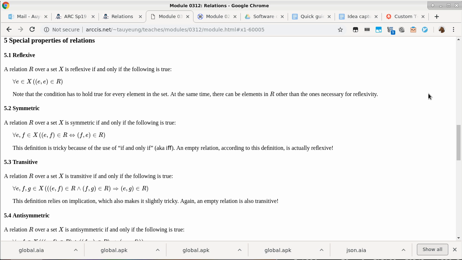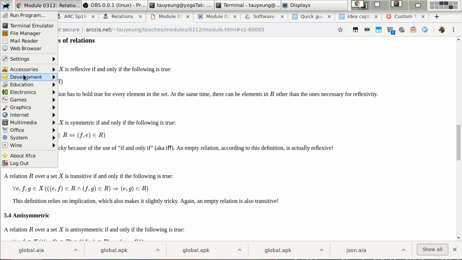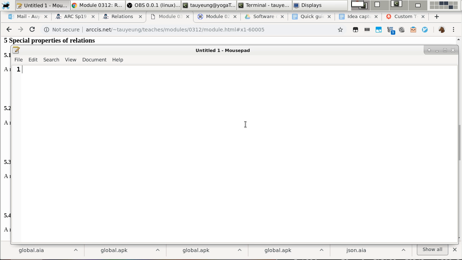Well, that's what I said, but I can write it out. So if we use X, and say X has A, B, C as elements, and if I want R to be reflexive, then R has to be a superset of the following: AA as an element, BB as an element, and then CC as an element, in order for R to be reflexive.